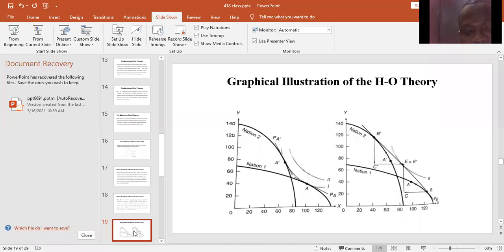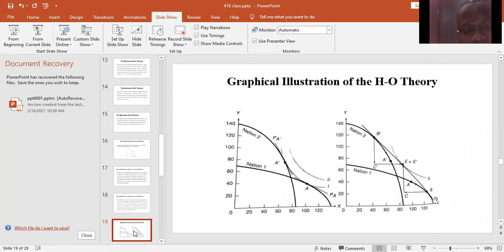That means for nation one, we have at point A, under utility one, that's where nation one maximizes the utility. And the same thing goes for nation two, where we have A factorial. That's where nation two also maximizes its utility. The price at that point is PA for nation one and PA factorial for nation two.